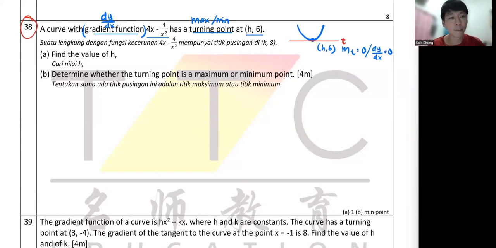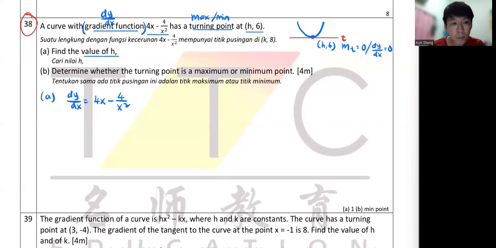Now we can find the h value for part A. dy dx given to you is 4x minus 4 over x squared. Based on the diagram that I drew, dy dx equals 0, because of the mt. So we can sub it in.